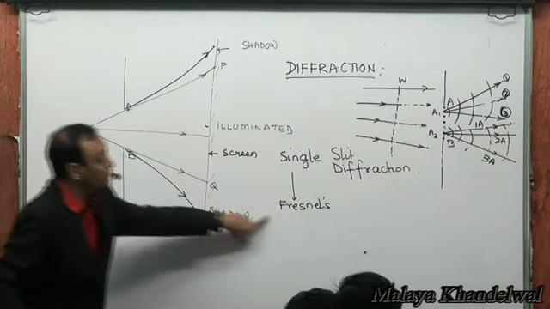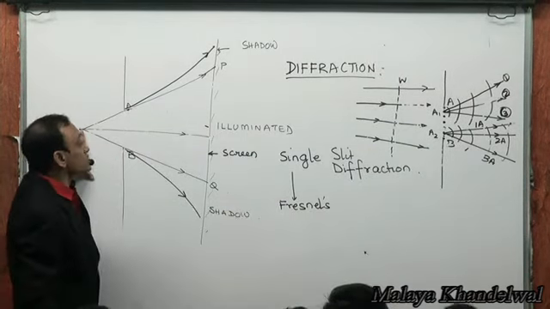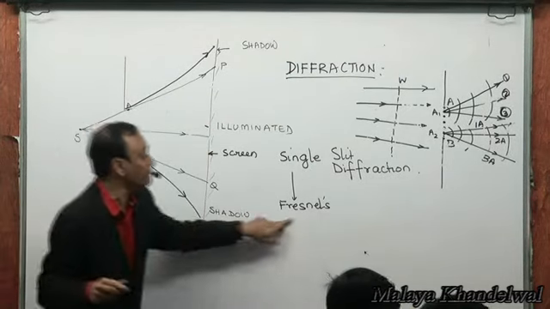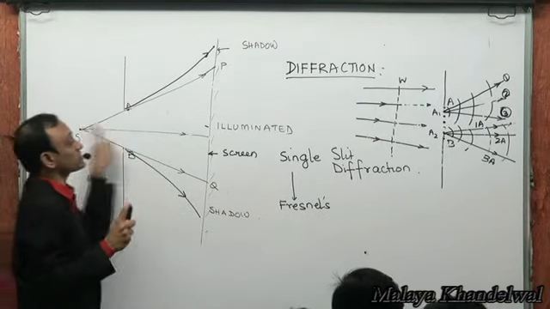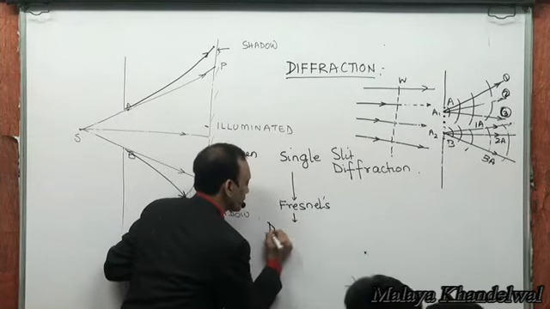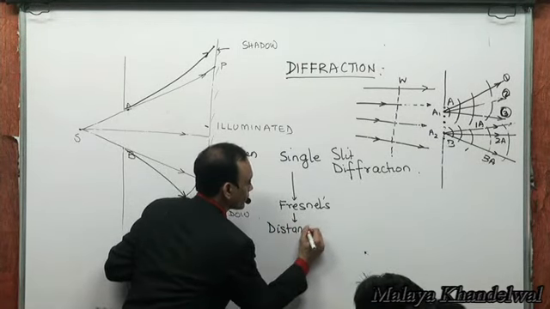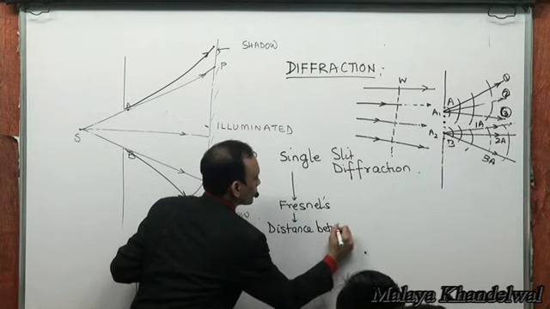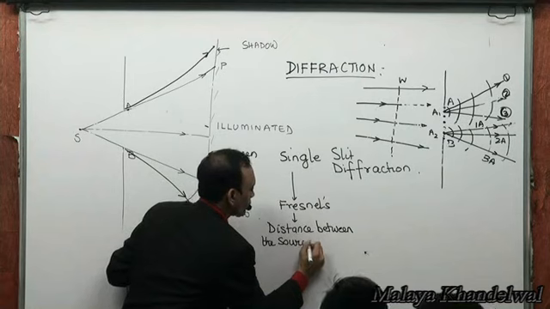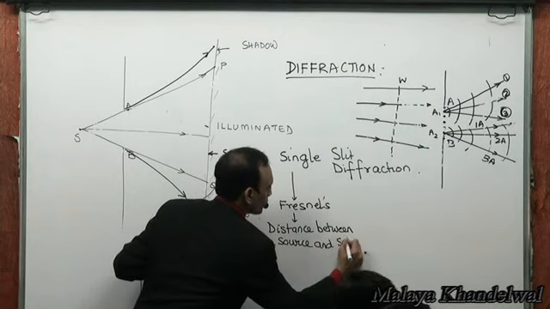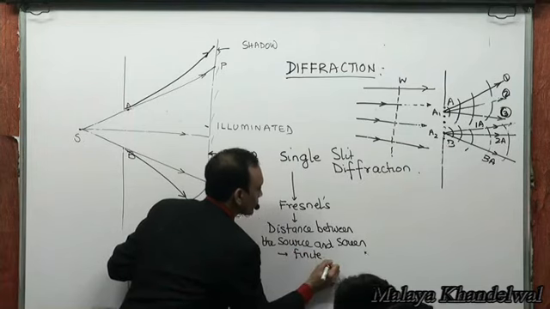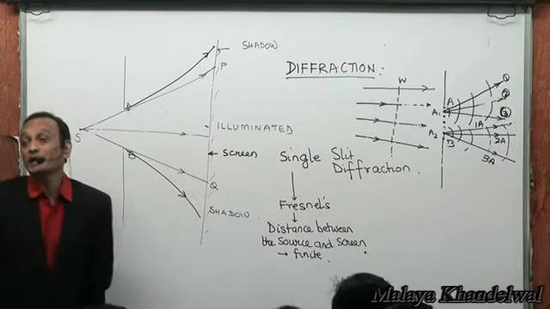In a Fresnel's diffraction, the distance between the source and the screen is finite. That's one kind of arrangement.